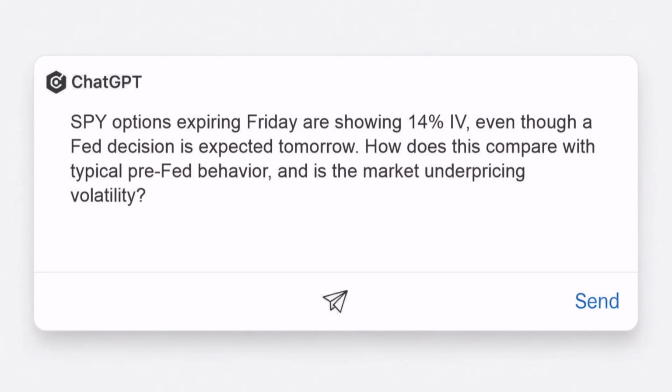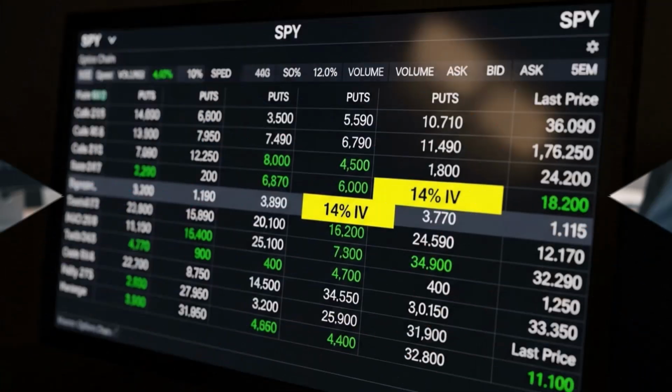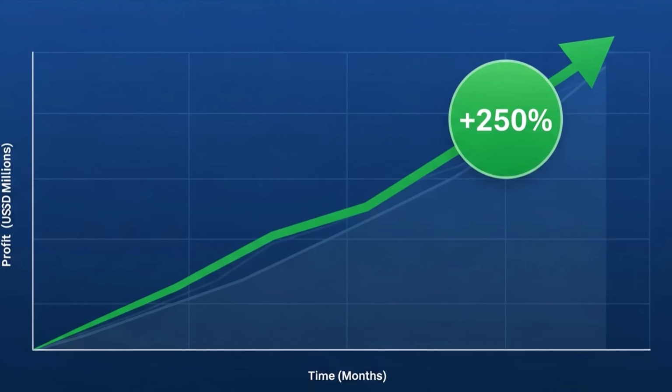How does this compare with typical pre-Fed behavior? And is the market underpricing volatility?" ChatGPT provided historical context, explained how volatility often expands after such events, and highlighted why 14% might be unusually low.